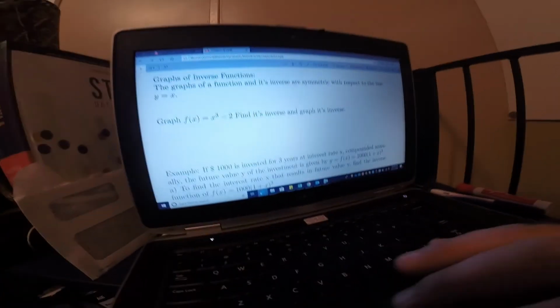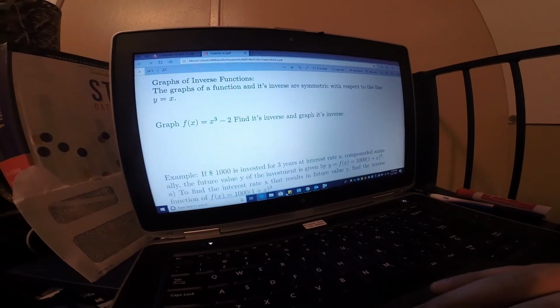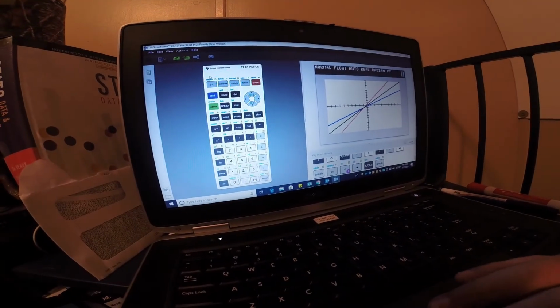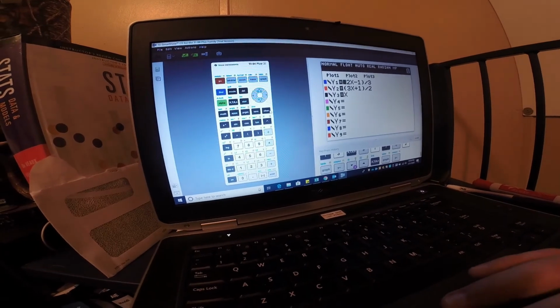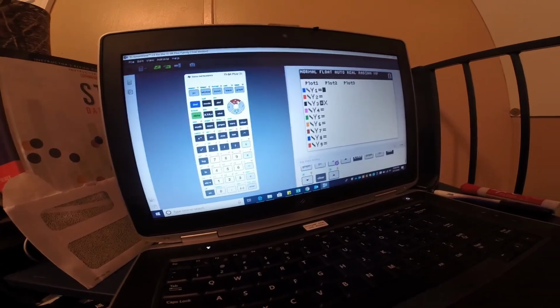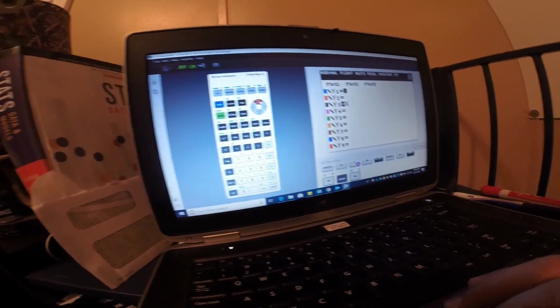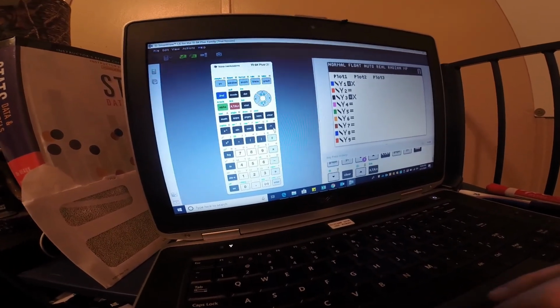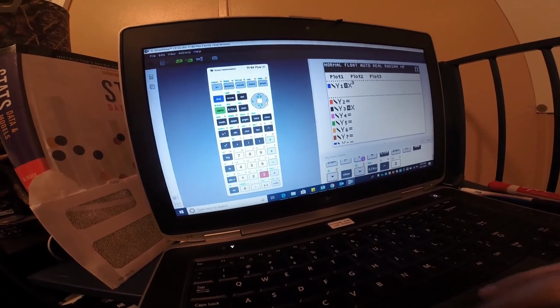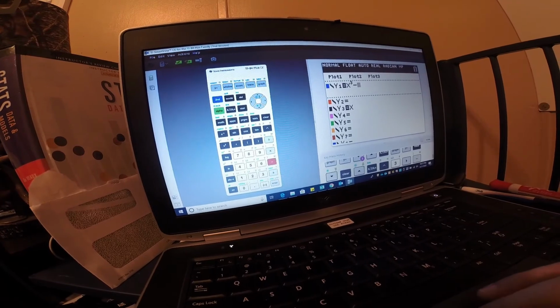Okay, so get back to my TI. I'm going to go to y equals. I'm going to clear the first 2 out. I'm going to leave the third in there because that's our y equals x line that they need to be reflected over. So first line was y equals x to the third minus 2.